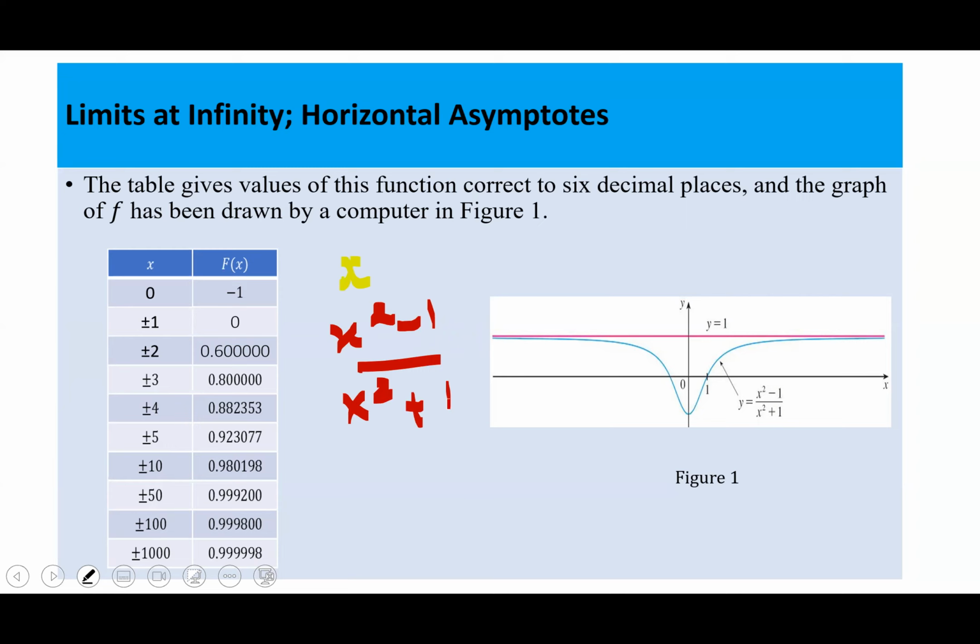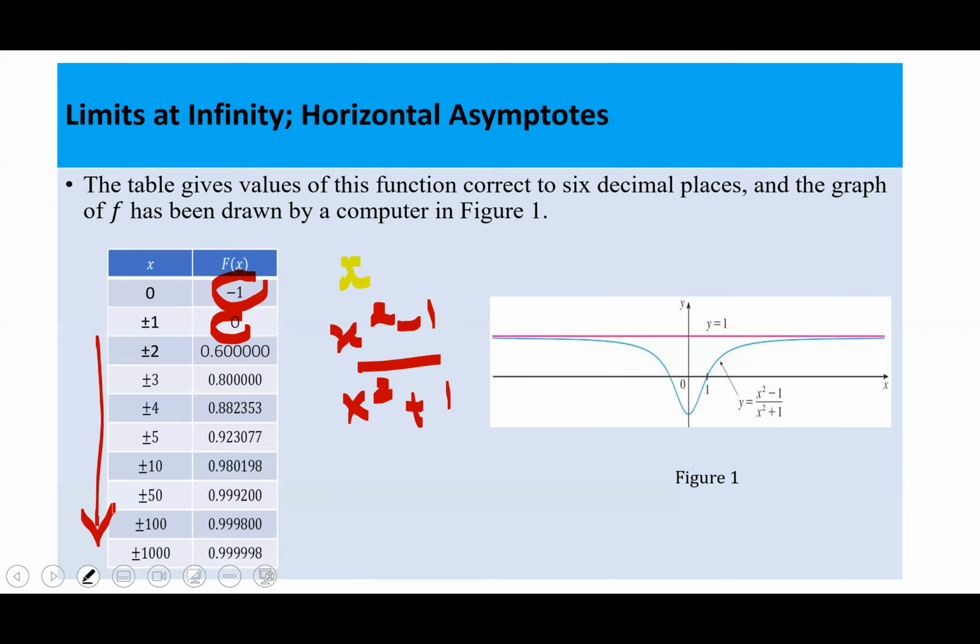Okay, so substitute x by 0, you will find this value. For x plus or minus 1, you will find 0. And so on until you increase the absolute value of x.